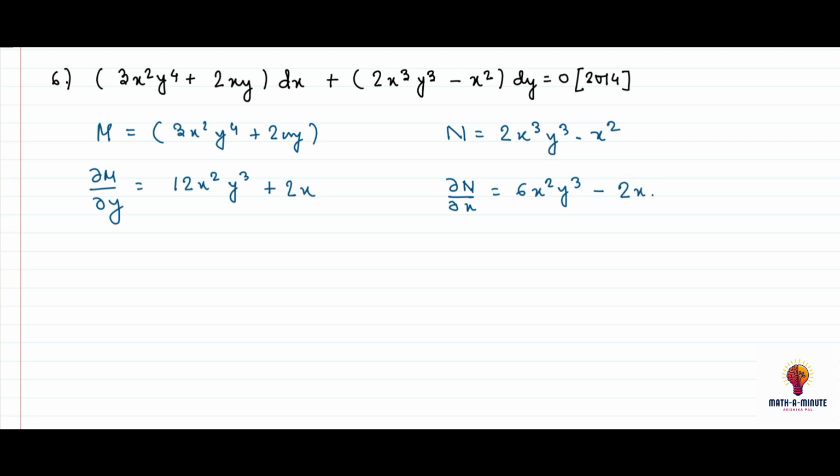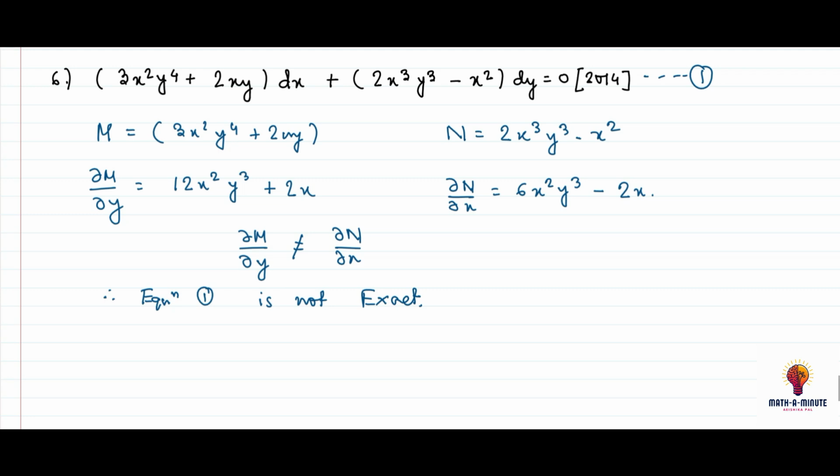So definitely del M by del y is not equal to del N by del x. Therefore, this equation 1 is not an exact differential equation, so we have to find an integrating factor.